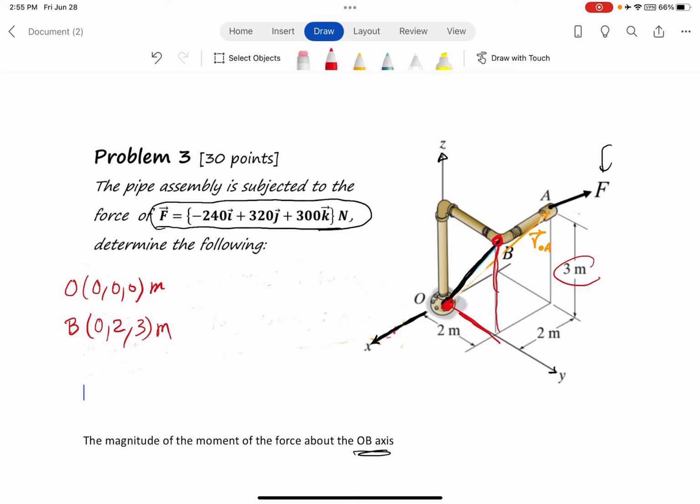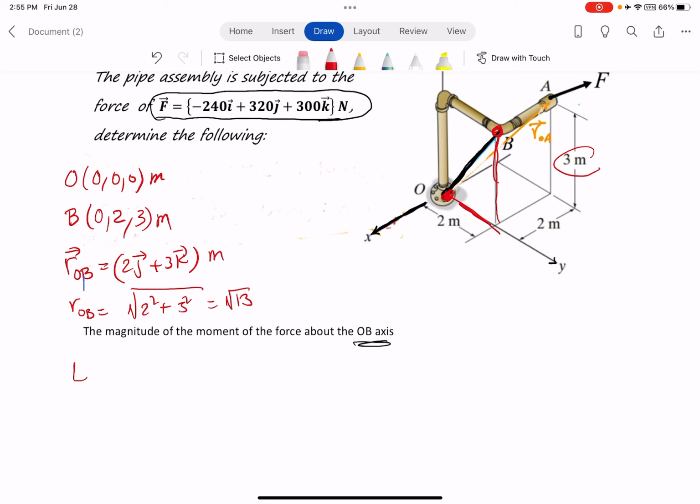So we need to find the position vector OB, B minus O, 2J plus 3K, and that is in meter. We need to find the magnitude of OP, square root of 2 squared plus 3 squared, 9 plus 4, is square root of 13.